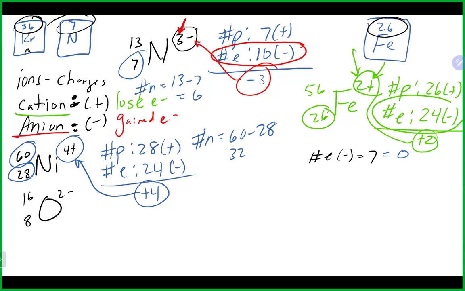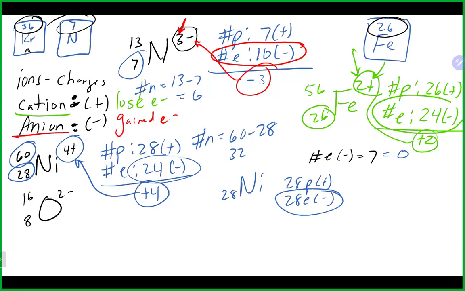Any questions on that particular one? Obviously, if we had a neutral nickel, just for comparison's sake, it would have 28 protons and a matching number of electrons. So in comparison, positive means lost, and 4 is how many electrons it lost from the neutral atom.